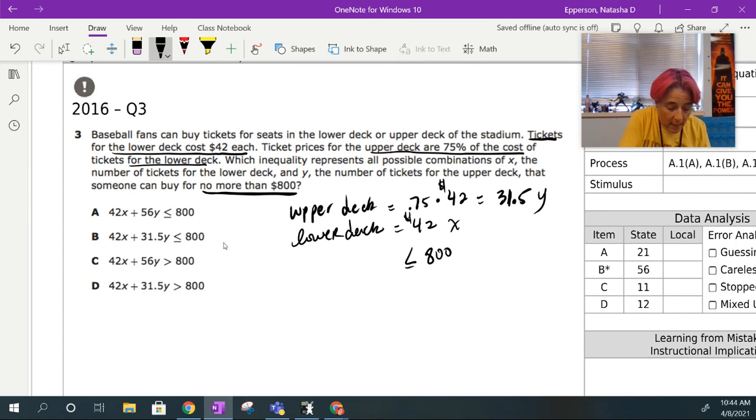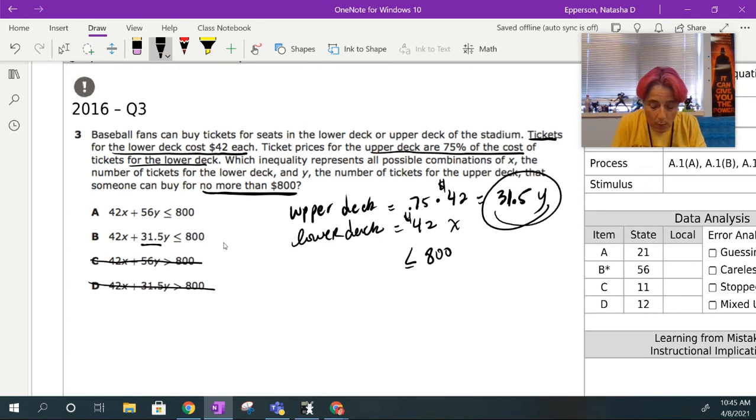So looking at this, I can eliminate C and D. Look here, our answer choices are a little bit different. Both A and B have a less than or equal to symbol. So again, as I said before, don't rely on your answer being B. We have to actually answer this. Now, I can answer this further real quickly by realizing that when I made my calculations for the upper deck, it was 75% of the cost of the lower deck, which gave me 31.5.